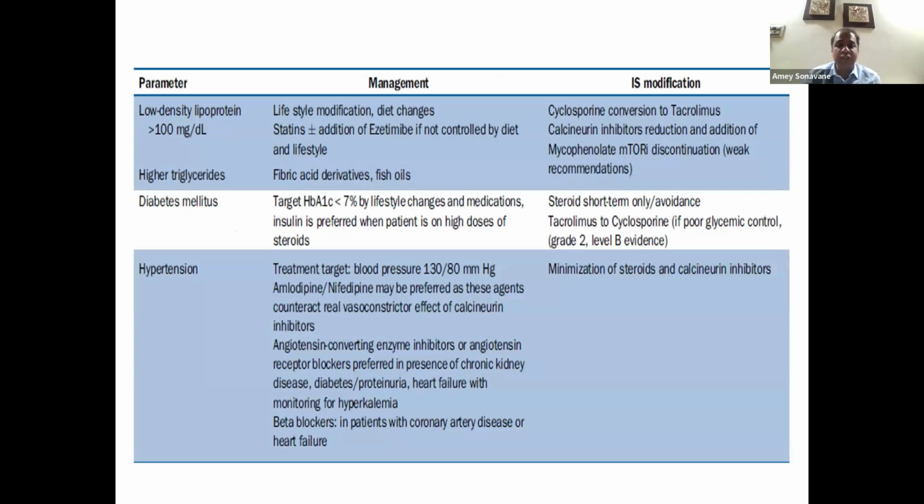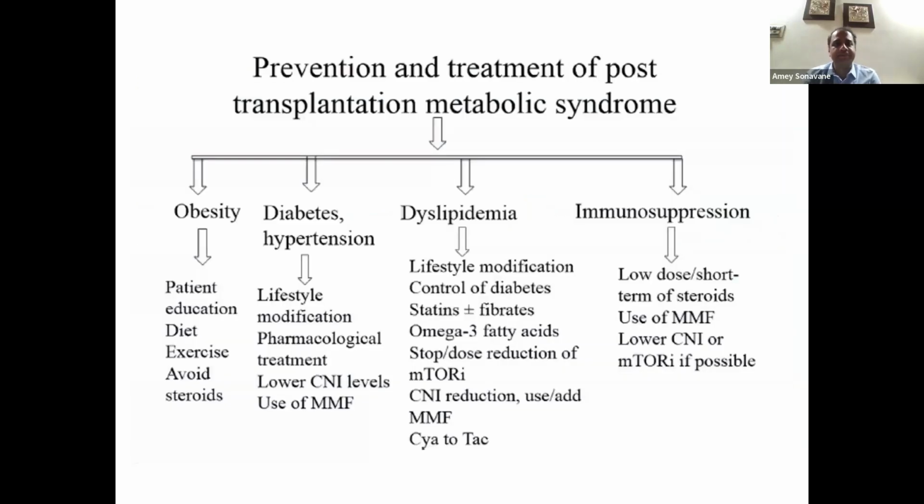If these patients have associated chronic kidney disease, diabetes, proteinuria, or heart failure, we may add on an ACE inhibitor or an ARB, that is an angiotensin receptor blocker. Or if these patients post-transplantation also have some amount of low-grade coronary artery disease, then beta blockers would be the ideal choice of drug for treating the high blood pressure in patients who specifically have chronic coronary artery disease post-transplant.